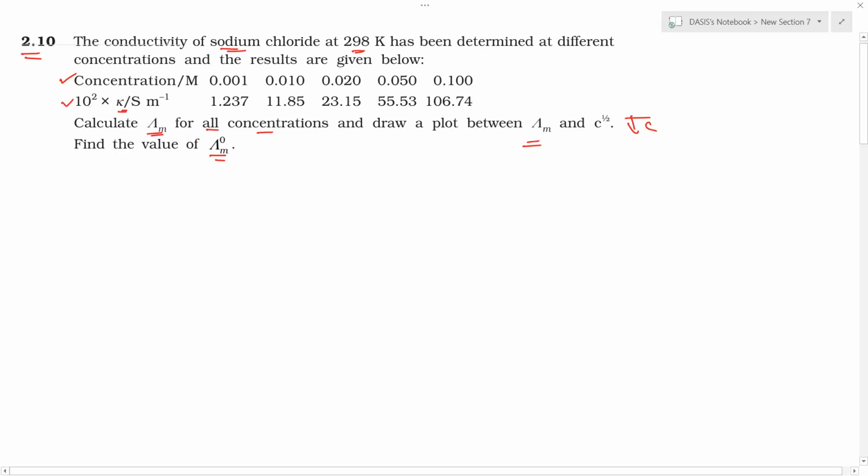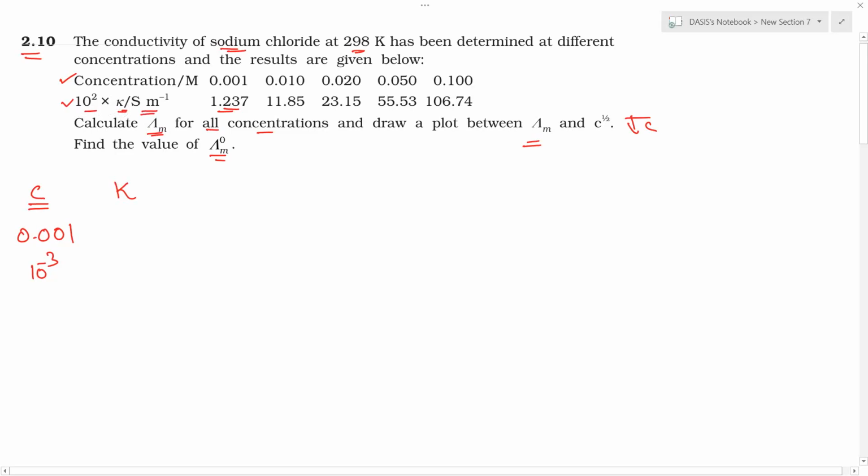So let us start. First, they had given the concentration, right? The concentration I'm writing here is 0.001, which can be written as 10 to the power of minus 3 for simplification. And they had given kappa. What you have to understand is that the value given here is kappa multiplied by 10 to the power of 2, in Siemens per meter.